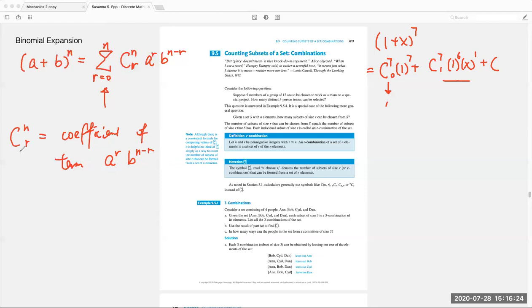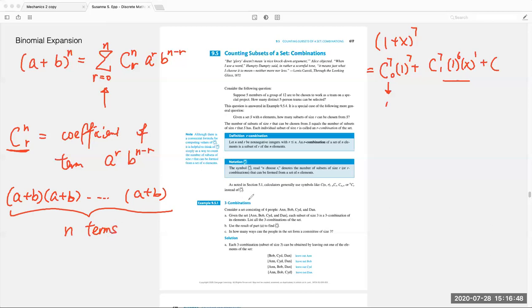So then how can we understand this one using the concept of combination? So let's say I write (A + B)^n in this form. So there are n terms here.